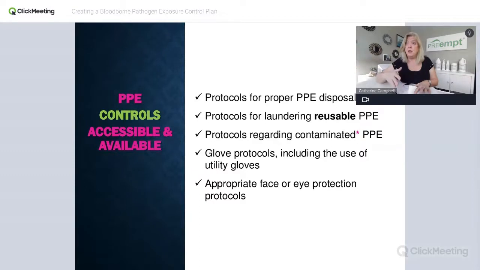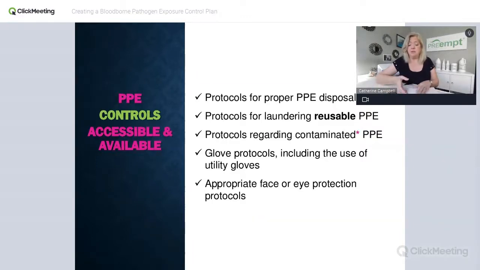And if so, what protocols do they require for contaminated PPE? Glove protocols, including the use of utility gloves, because we often use utility gloves for cleaning implements and equipment before we decontaminate.